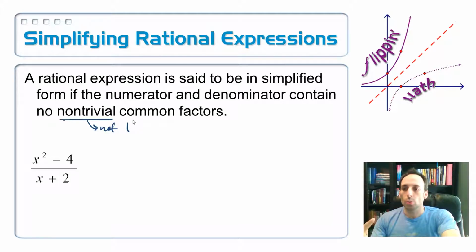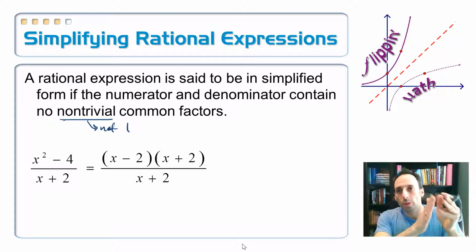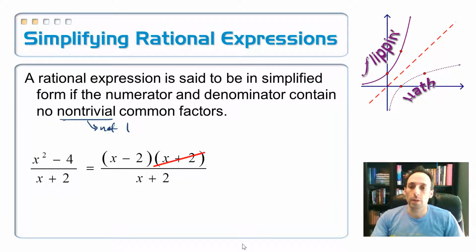So take a look at this example right here. I've got x squared minus 4 divided by x plus 2. This is not in simplest form. You'll see why in just a minute. On the top, it's the difference of two squares, which means you could factor it as x minus 2 times x plus 2. And I have a factor of x plus 2 on the bottom. I have x plus 2 on the top and x plus 2 on the bottom, so they get to divide out.